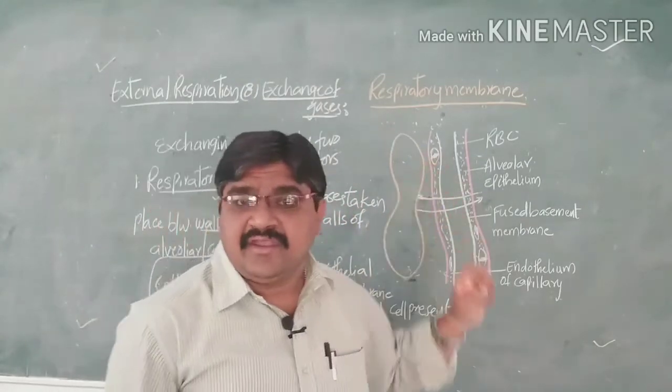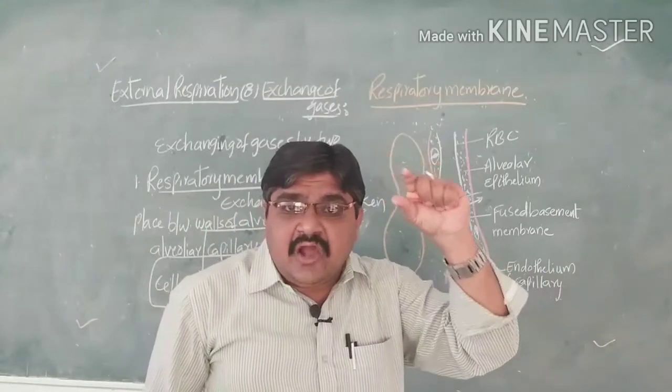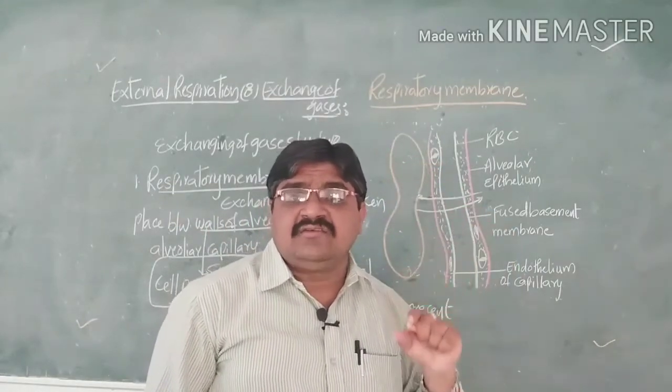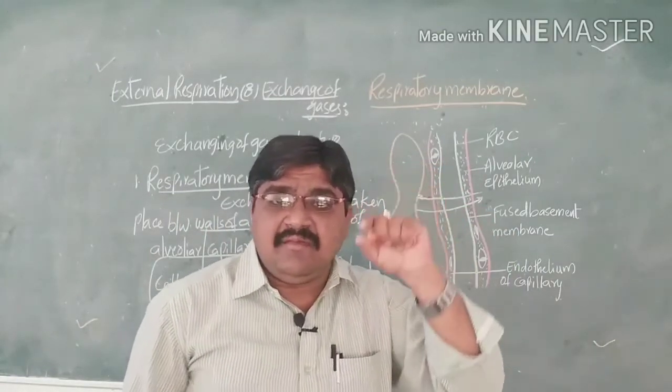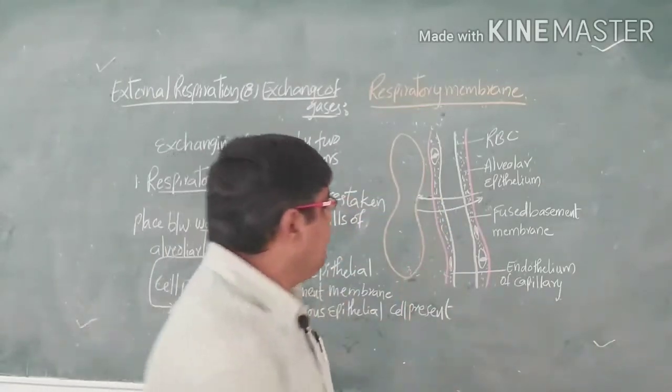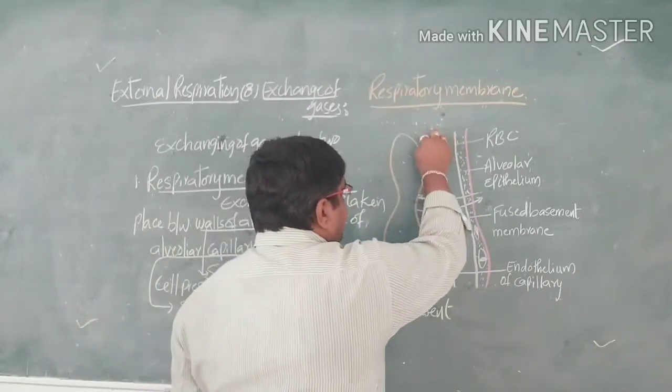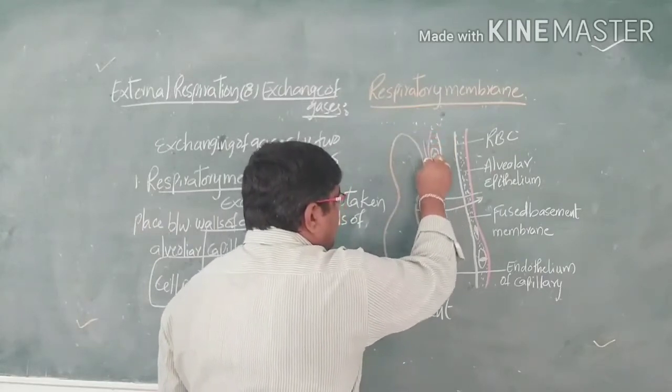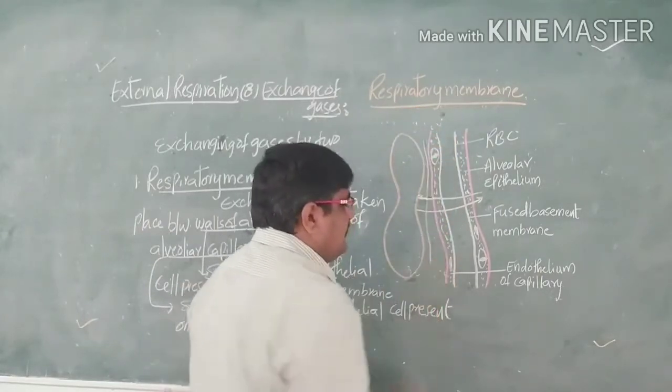What is important here is that between the walls of the alveolus and the walls of the alveolar capillary, a thin membrane is present.